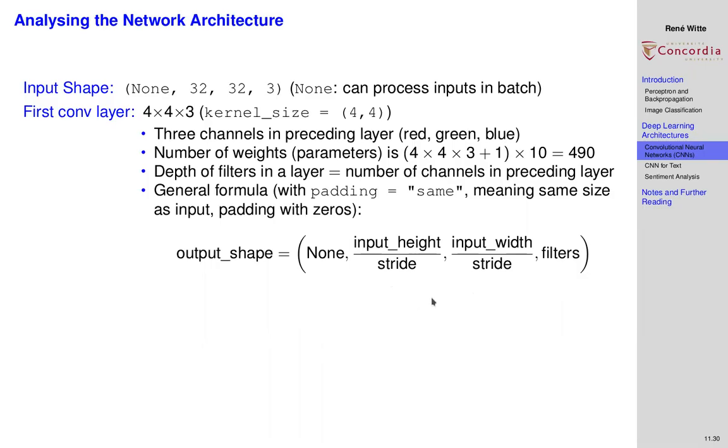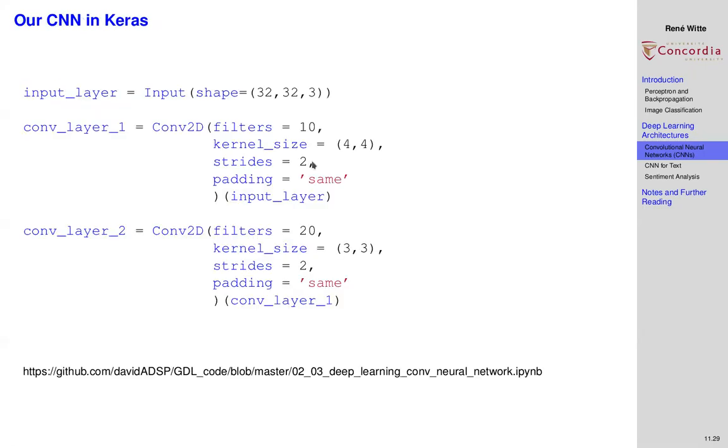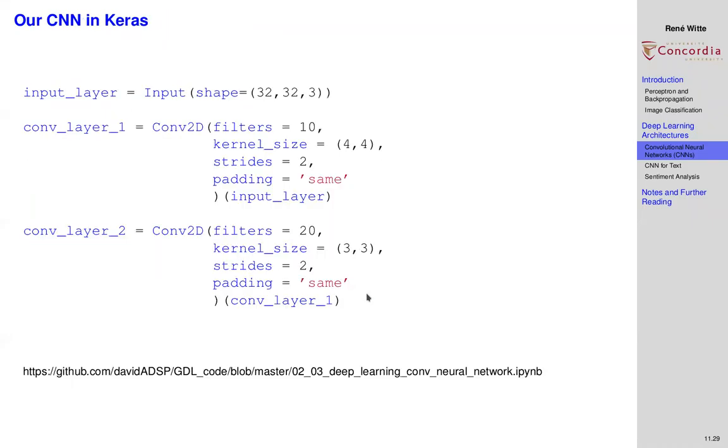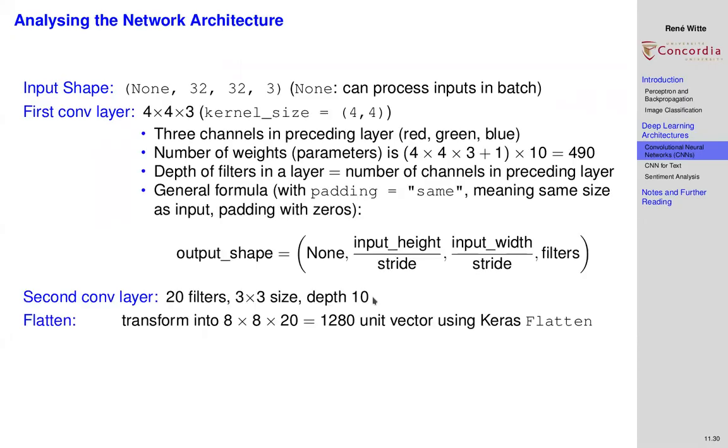So if you apply this formula to the network here, you end up after the first convolution layer with 16 by 16 by 10. Then the second convolution layer, 20 filters of size 3 by 3, depth 10. And we'll do this in a minute as an exercise.